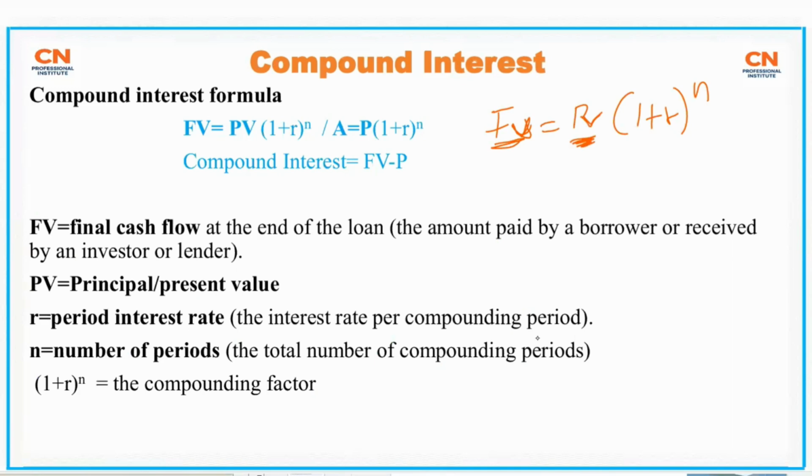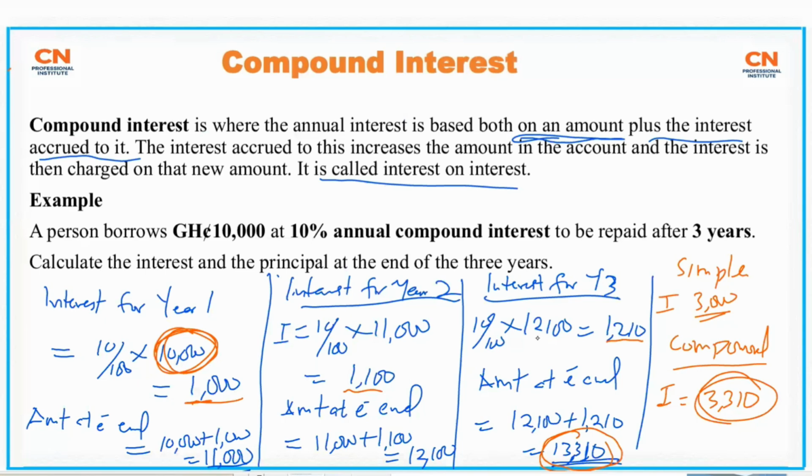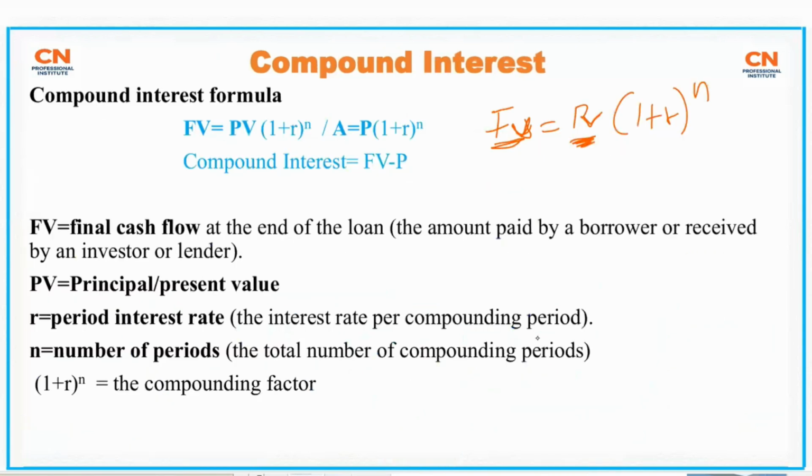The principal, that's the 10,000 that was invested. So this is the principal, and this r is the rate, and this n is the number of periods. So we can use that.